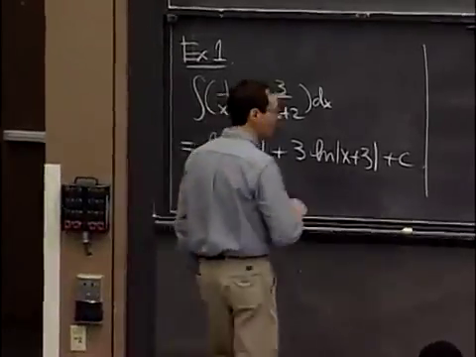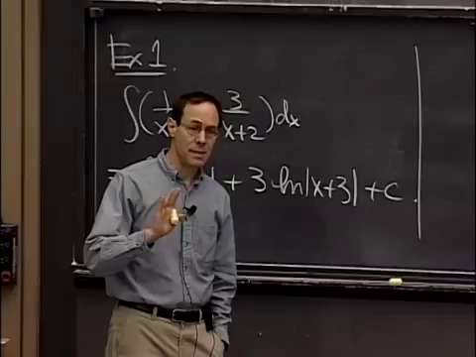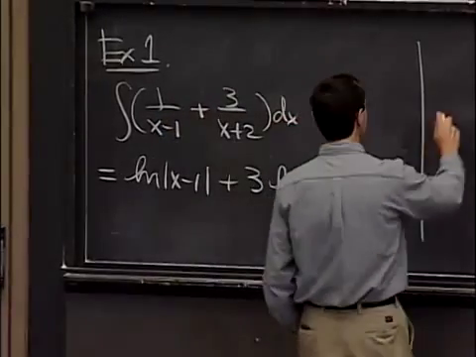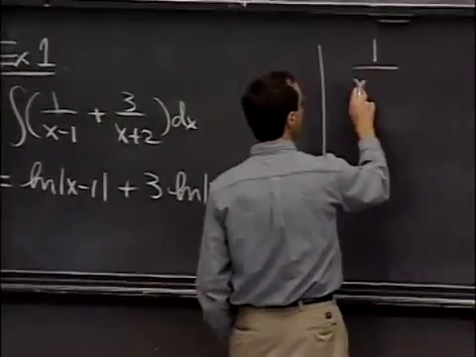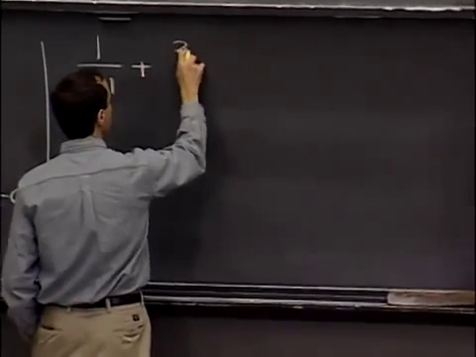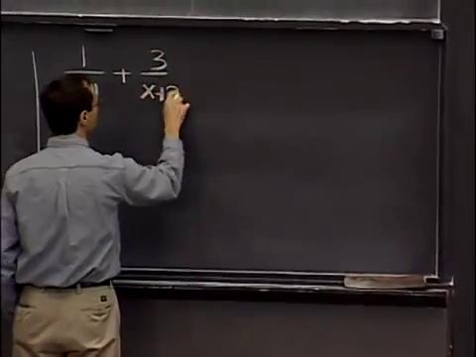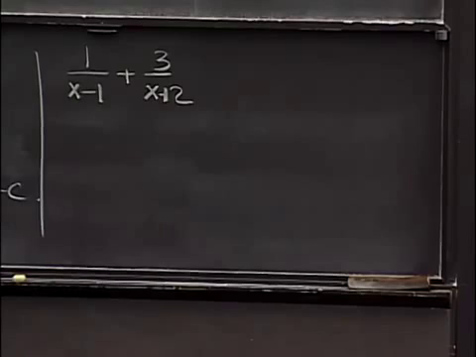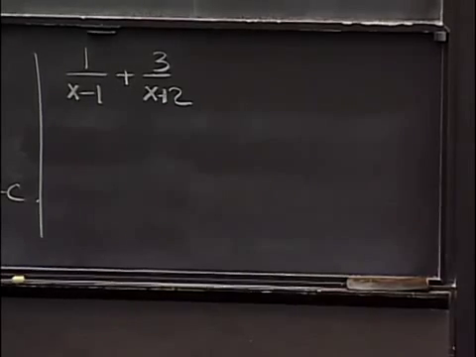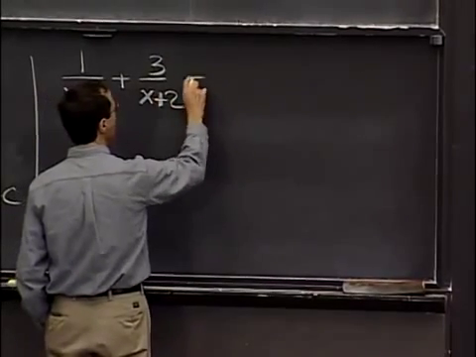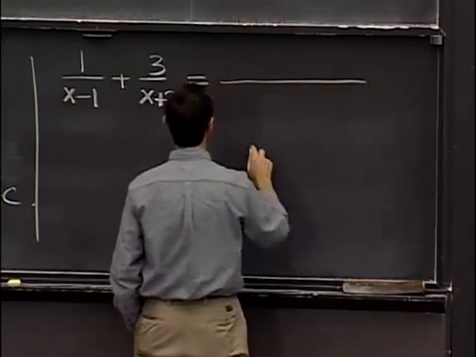Now here's the difficulty that is going to arise. I can start with this function, which is perfectly manageable, and then I can add these two functions together the way I add fractions. That's getting a common denominator.